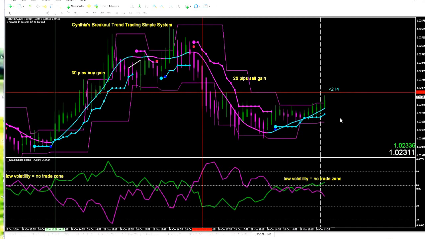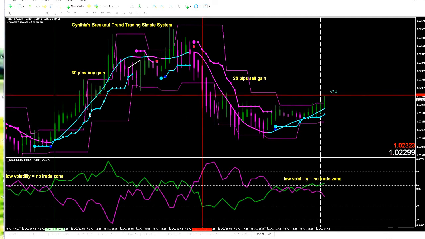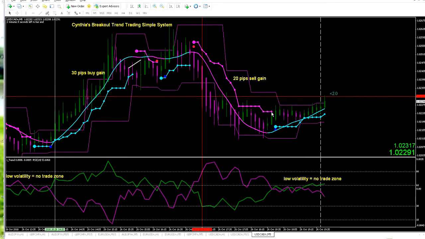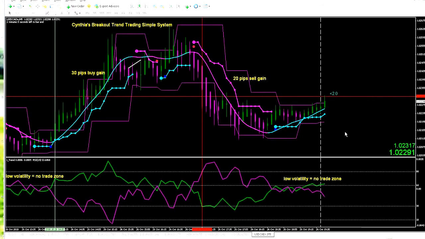And I hope this shows you how you can play the conservative entries, and also how to watch your volatility down here, and also how to use this indicator for your trailing stop. Here, going short, this was your trailing stop. Again, you probably would have gotten stopped out here, which is okay. That's not bad. If you had stayed in the trade, you would have gotten stopped out here.